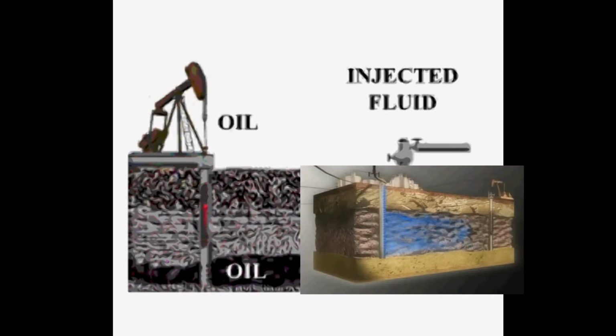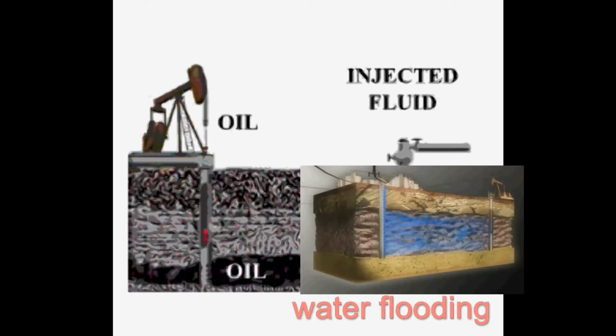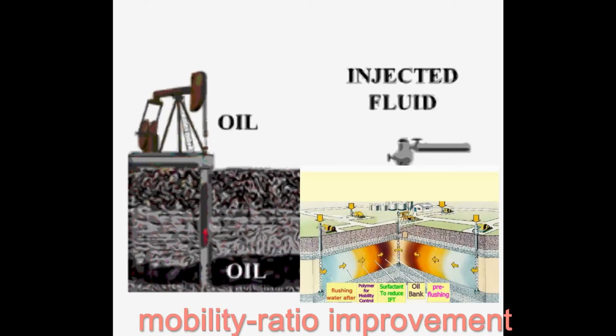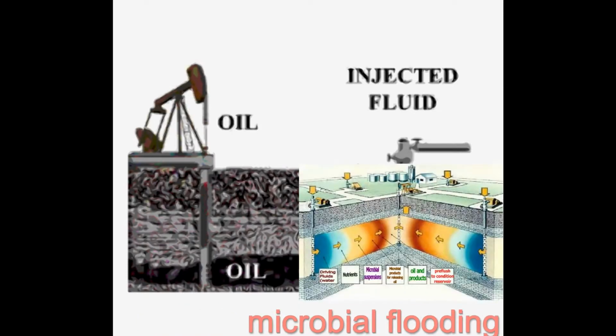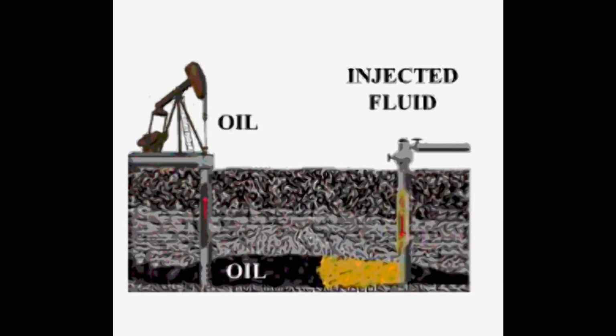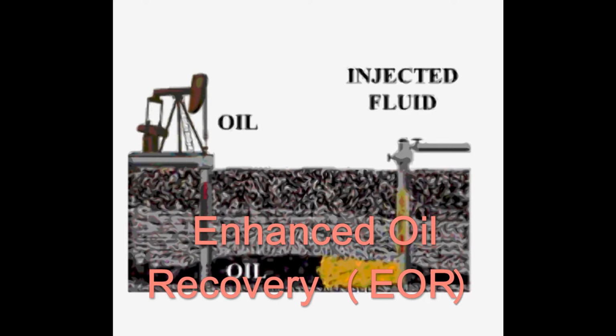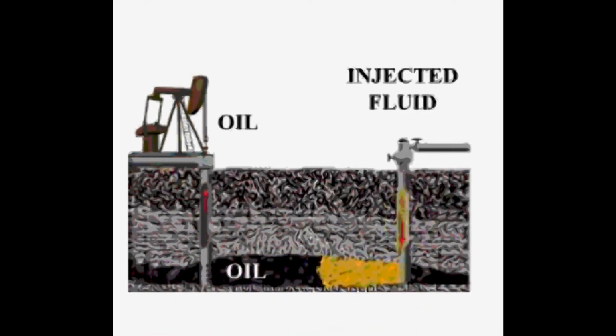Water flooding, which uses naturally occurring substances in the reservoir, and thermal flooding, miscible flooding, mobility ratio improvement, and microbial floods, which all use substances that are imported. These recoveries that rely on imported substances are referred to as enhanced oil recovery, or EOR. Let's look at each in more detail.